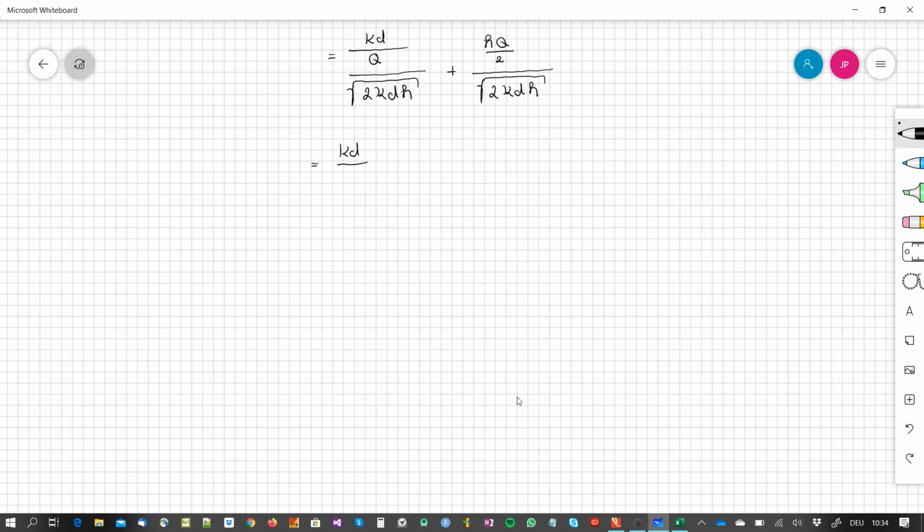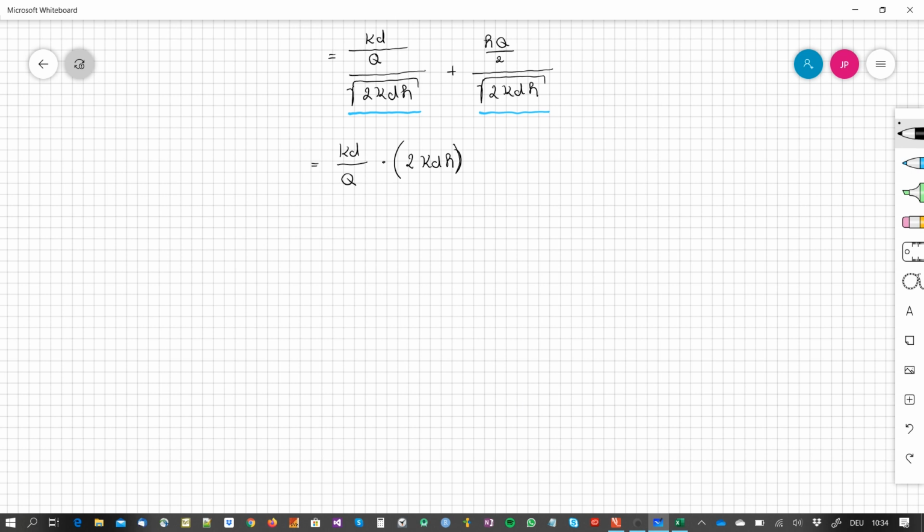So first thing that I do, I work with the denominator here and also here on both sides. So I rearrange, and the square root can be rewritten as follows.